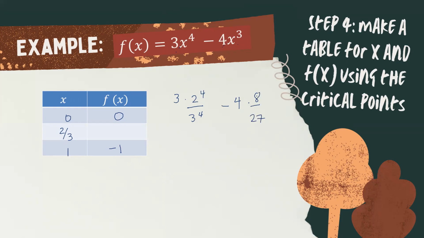Magka-cancel to. 2 to the fourth is 16 over 27 minus 32 over 27. This will be 16 minus 32, so negative 16 over 27. Is that correct? So lagay ko po dito negative 16 over 27. Okay. Pwede nyo pong picturean.